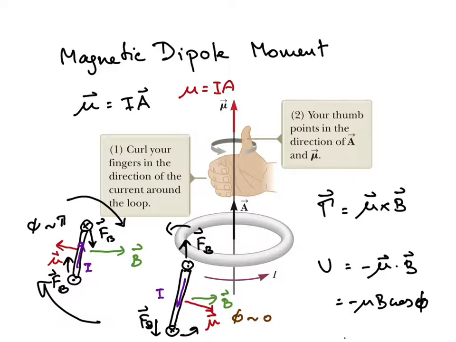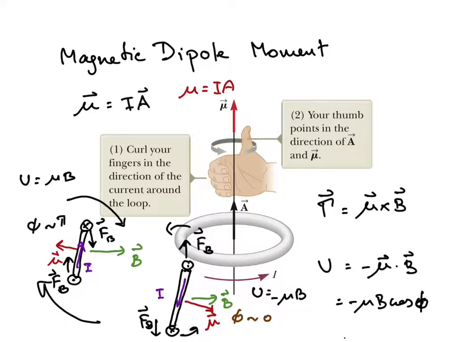And we know that cos pi is equal to minus 1. So in this case, U is equal to plus mu B. In the other case, U is equal to minus mu B. So this is the maximum potential, and this is the minimum potential, which agrees with the direction of rotation in which the torque tries to rotate the loop. Okay.